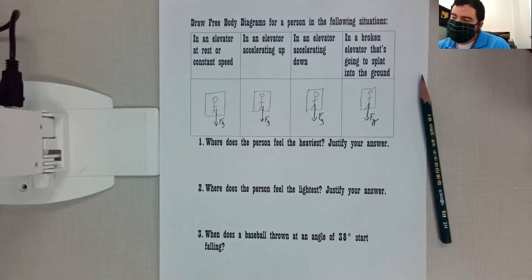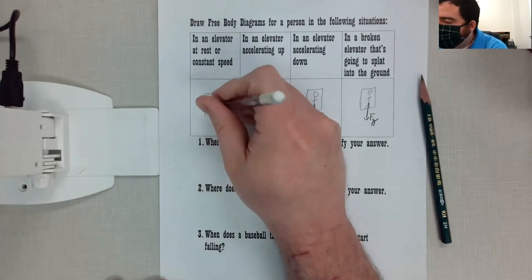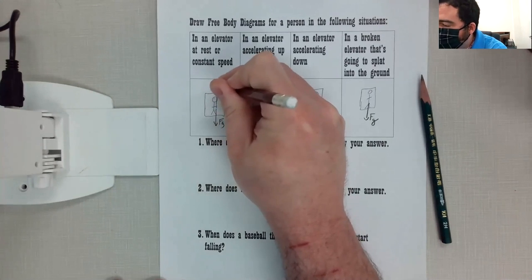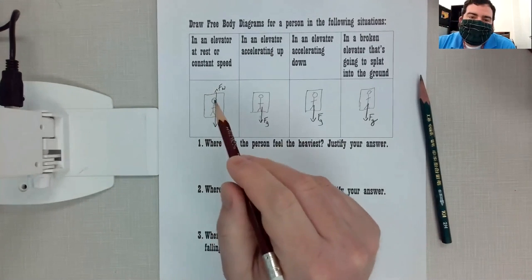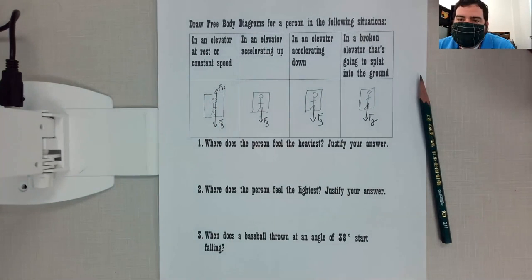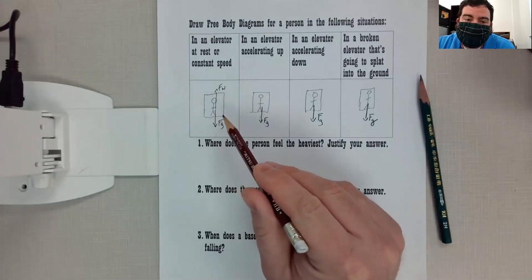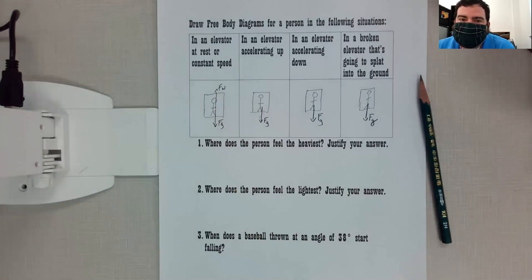If we're at equilibrium, the normal force must be just enough to cancel out gravity. One of the things I've tried to emphasize for months is that you don't feel your weight, you feel the normal force. Usually that's kind of the same thing because if you're at equilibrium, they have the same magnitude. But when do you feel heavier?